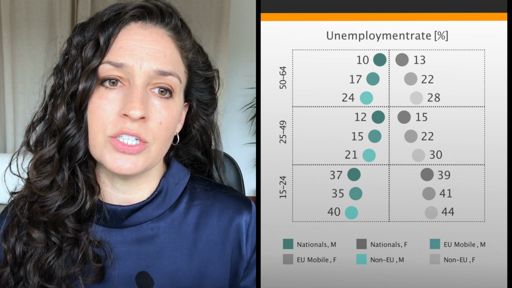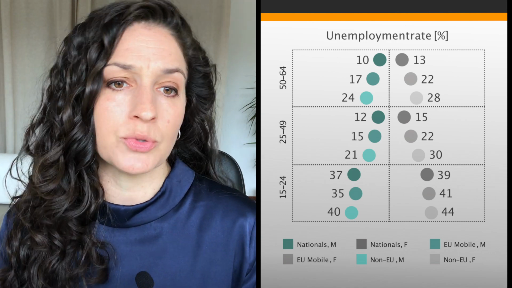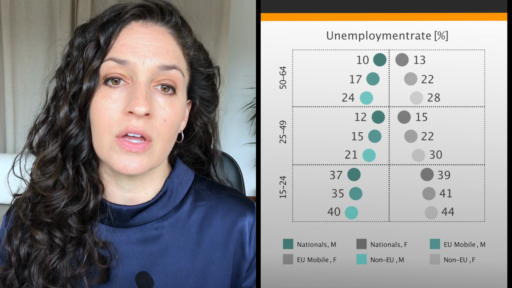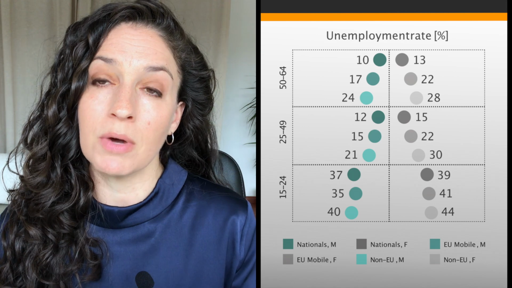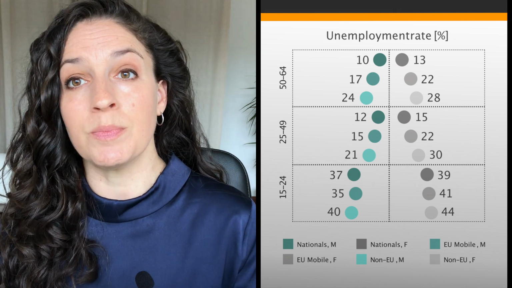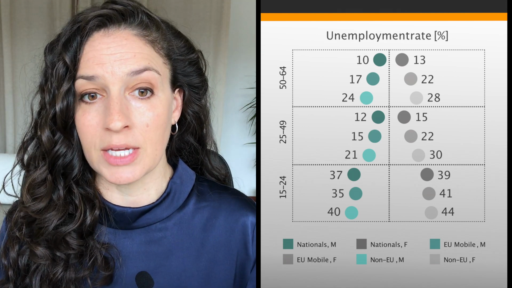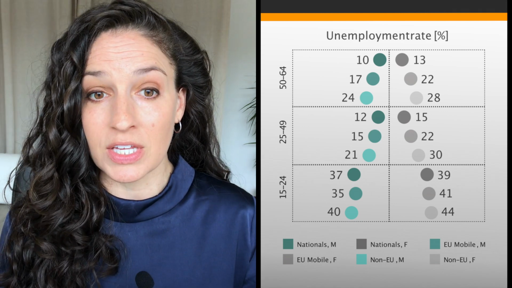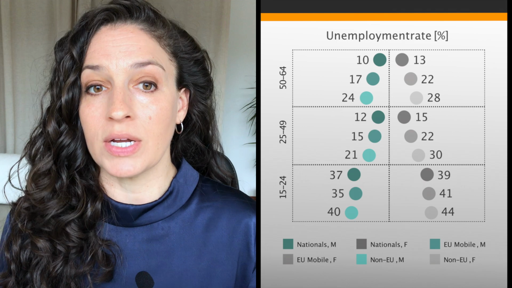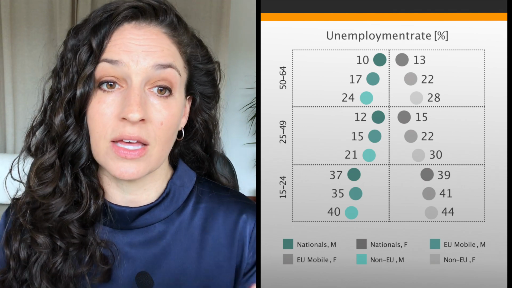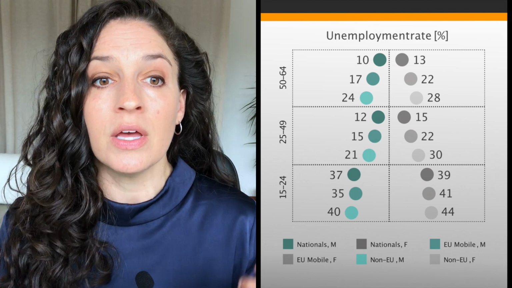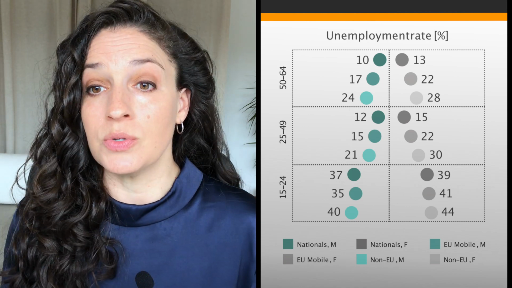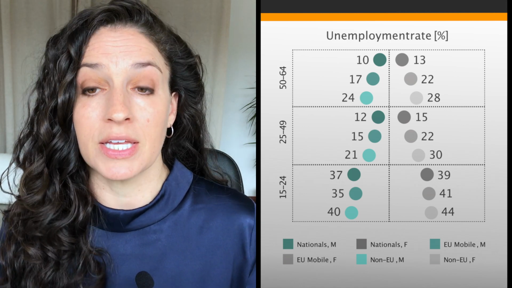If we look at the age range that is most common to look at, between 25 and 49, we also see here that there are not very large differences, especially among men, between Spanish and other European immigrants. However, immigrants coming from outside of the EU do have lower rates of employment, and we see that also for the next age category from 50 to 64. And of course, unemployment rates do a similar mirroring here.